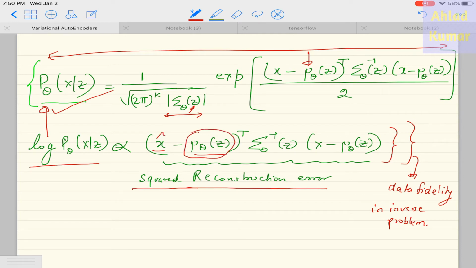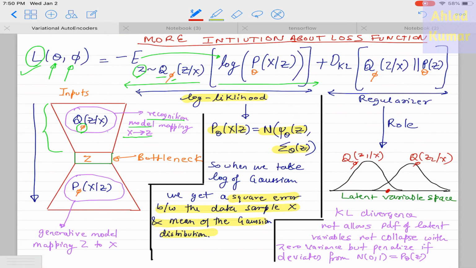So that's why p theta of x given z is given over here. This is also called a generative model because it takes as input the z vectors, which are the latent vectors, and maps them back to x or x hat, which are the reconstructed samples. This is defined as the log likelihood, the very first term of this loss function.